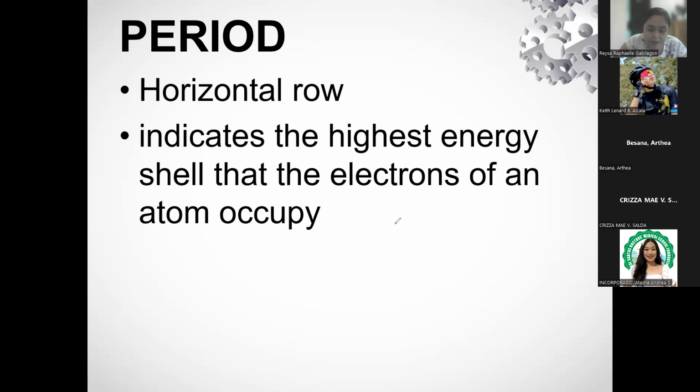Therefore, if the element is located in period 1, it means it has one energy shell occupied by electrons. This is the nucleus here at the center. For example, lithium belongs to period 2, which means there are two energy shells occupied by the electrons of lithium. So again, we have 7 periods, which means elements belonging to the 7th period have 7 energy shells occupied by electrons.